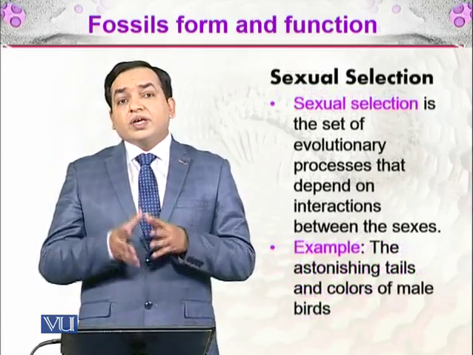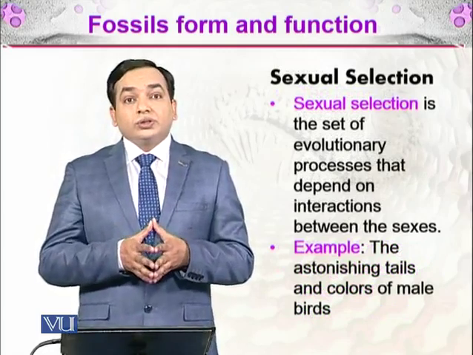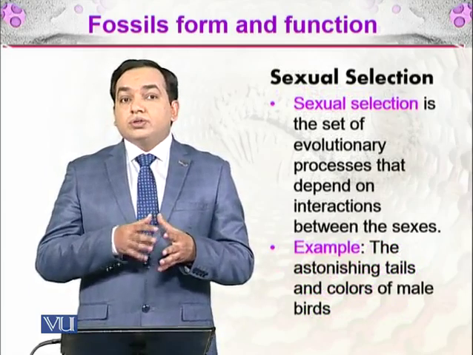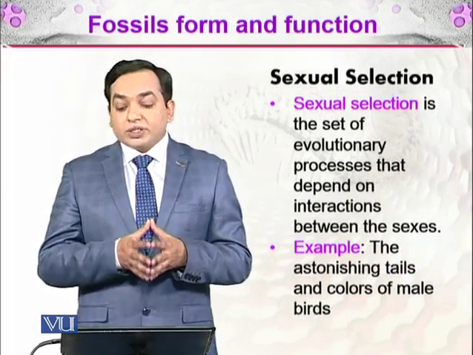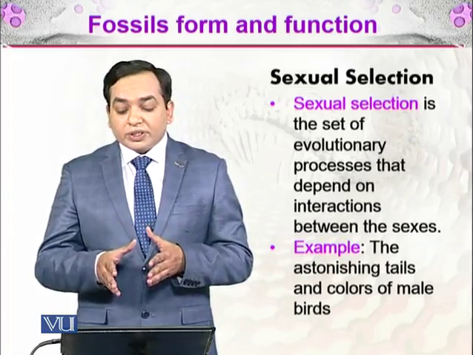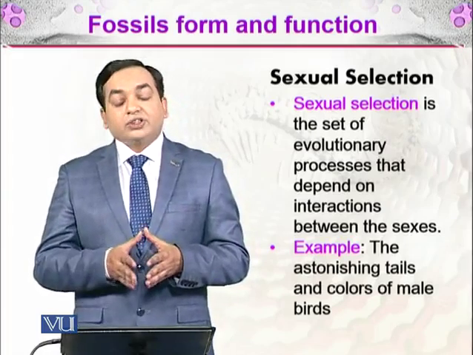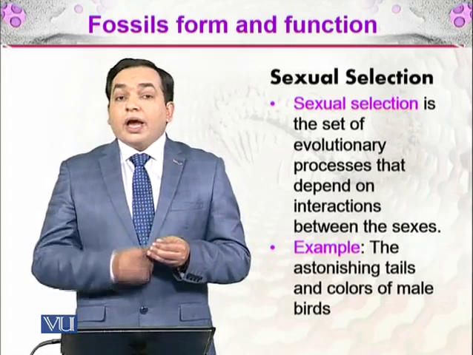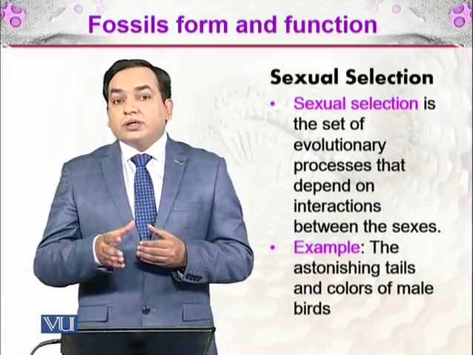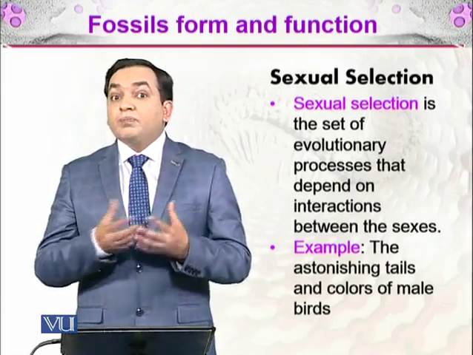So now the next thing about the form is sexual selection. The morphology is sometimes giving rise to sexual selection. Sexual selection is a set of evolutionary processes that depend on the interaction between the sexes. As we have discussed in the earlier lecture, there is sexual selection in peacocks.